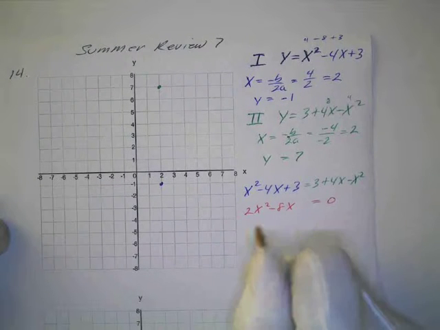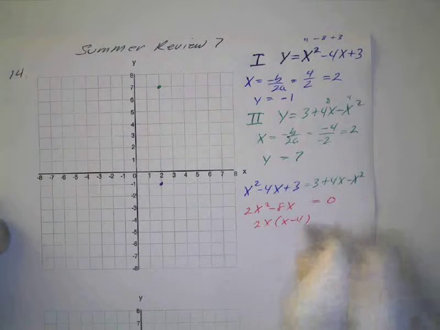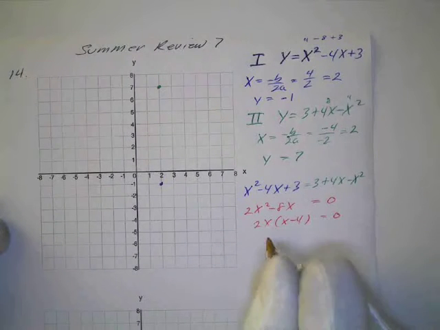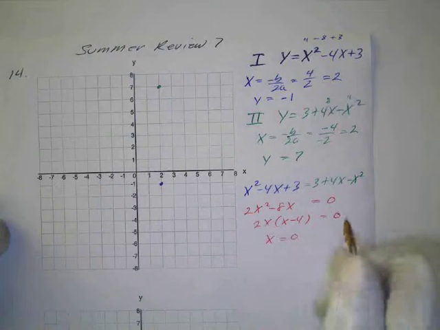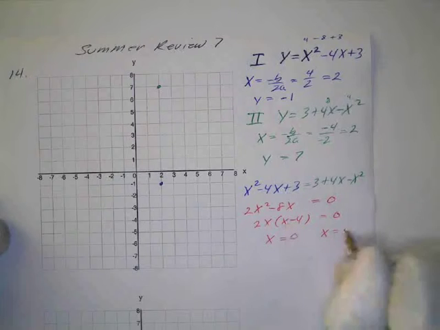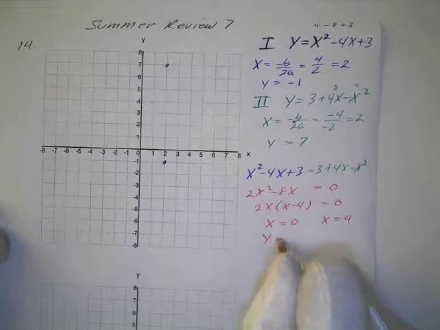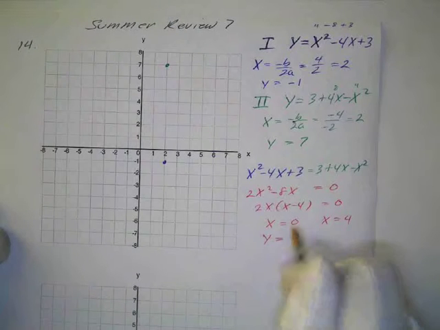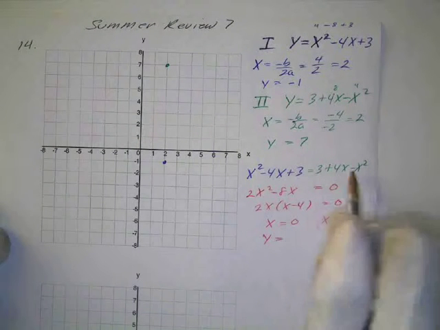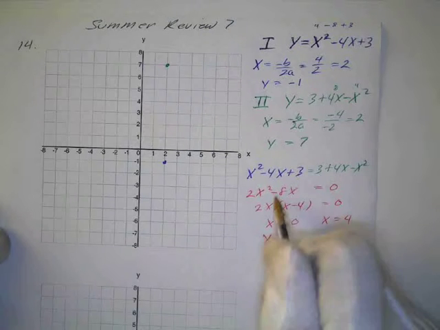Then I can factor out the 2x, and what's left is x minus 4. So I either have x equals 0 or x equals 4. So those are my two zeros. I can find y by just putting either one of these back into either equation, because that's the point of intersection, so it's the same. So if I put 0 in here, I have 3.